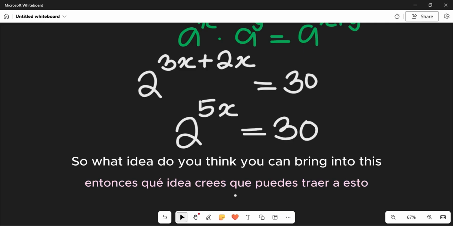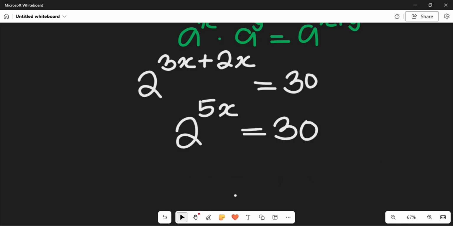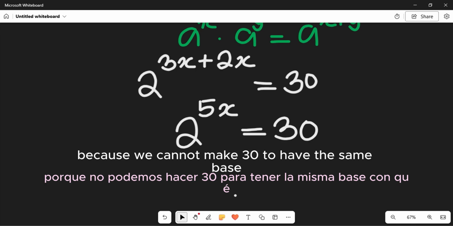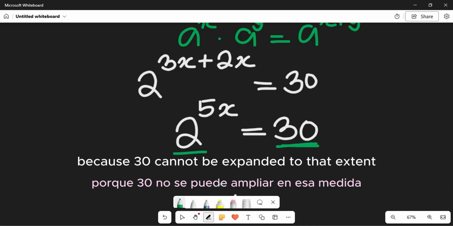What idea do you think you can bring into this that can simplify this further? I don't think we'll have any other idea, because we cannot make 30 have the same base as 2, because 30 cannot be expressed that way.